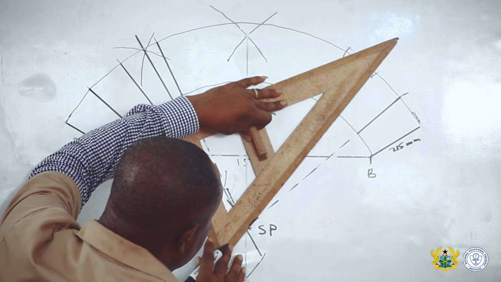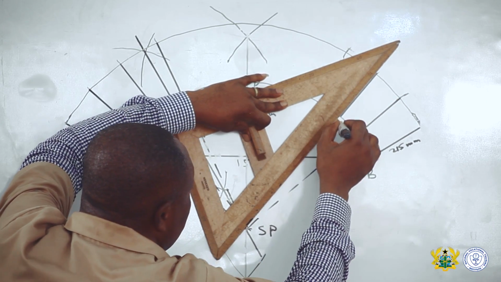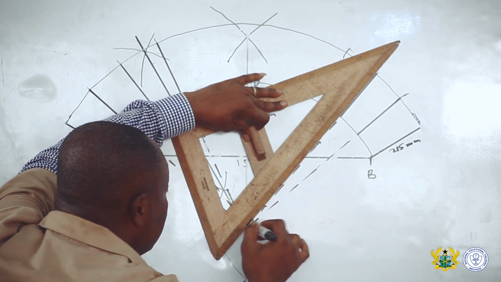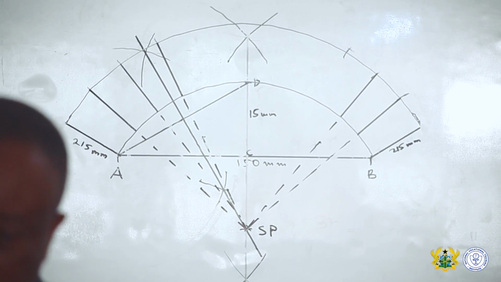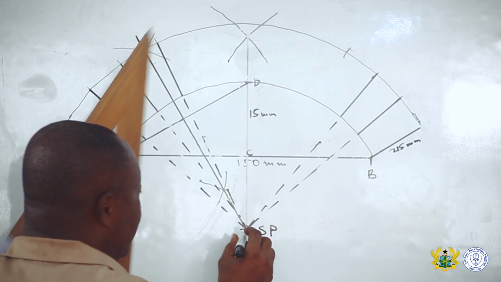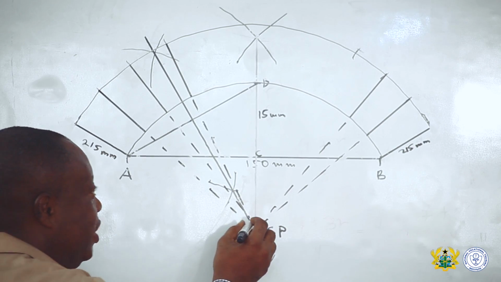With the same dimension at the top, we connect to our striking point. This continues until we reach the peak. As we mark, our reference point is always the striking point labeled as SP.